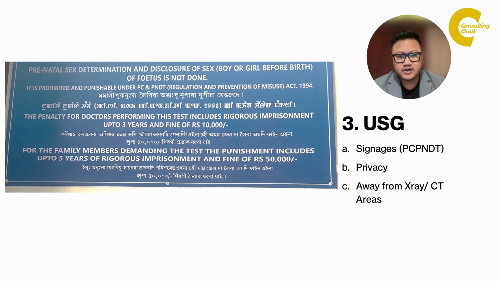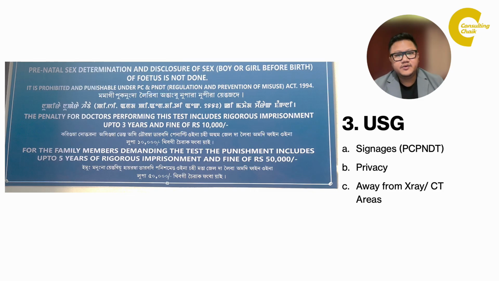USG, ultrasonography. For ultrasonography, one of the very important things is, first you have to put the PCPNDT signage, where the act is properly mentioned along with the year, the fine, the penalty for the doctor, the family members, all these are written clearly, and it should be written at least in bilingual.